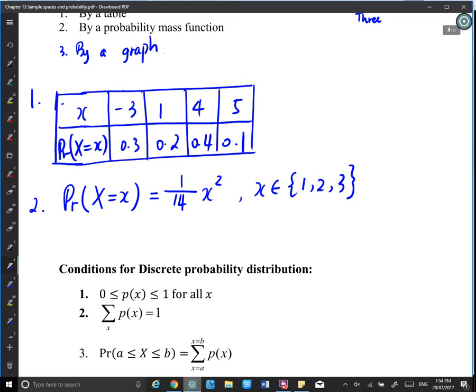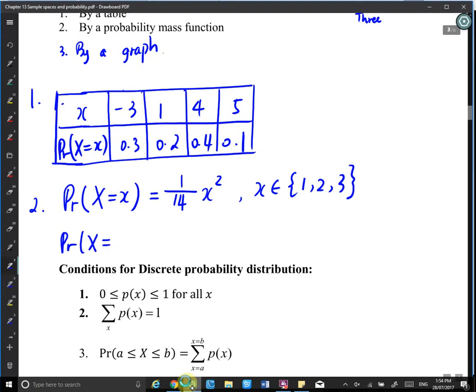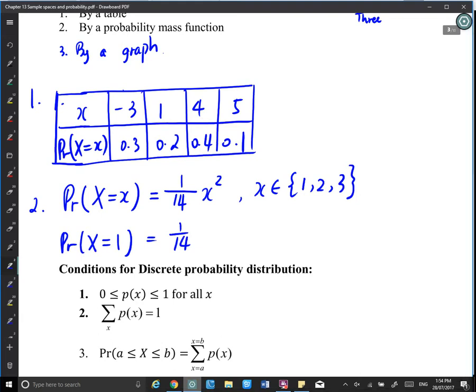Okay, so this is a probability mass function. If you want to know the probability that capital X equals 1, I just need to substitute 1 into this function, which is 1 on 14. So the probability of getting 1 is 1 on 14.